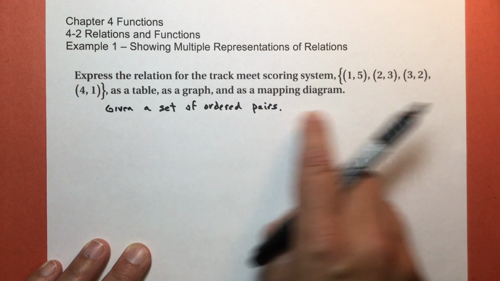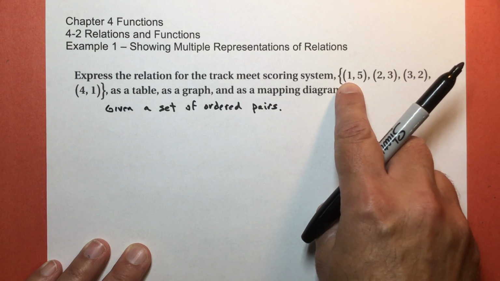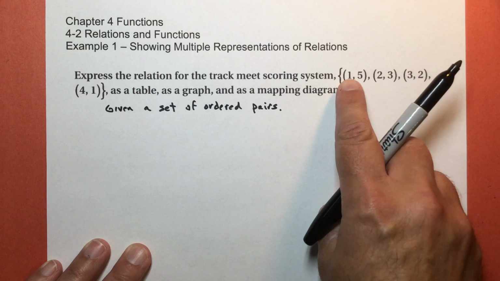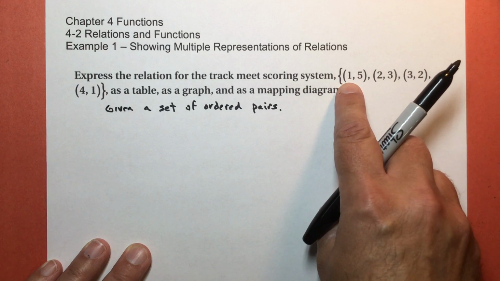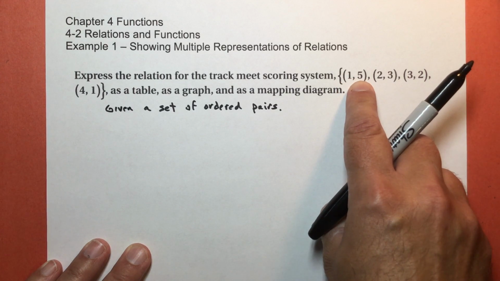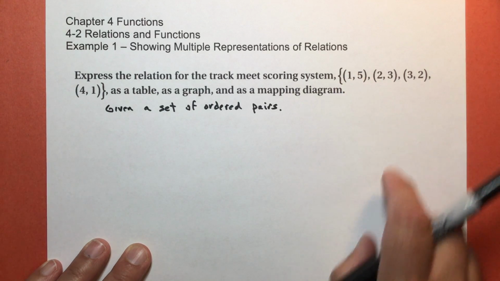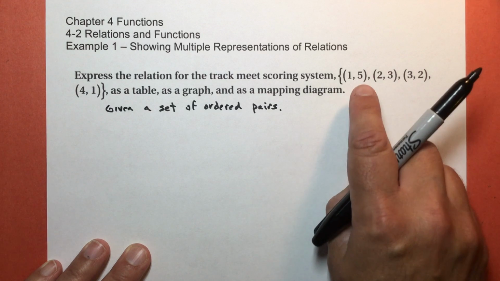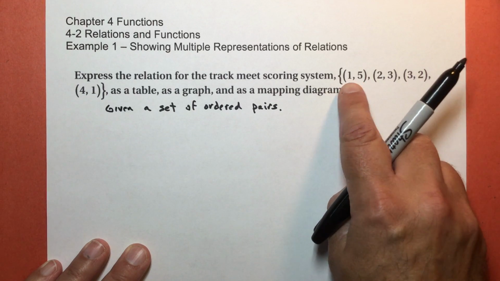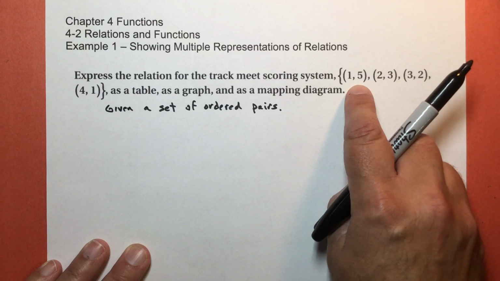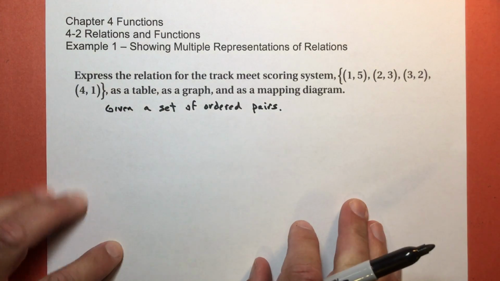When we say ordered, that means the first number has to come first, and then the second number comes second. If I switch them around, it's going to mean something totally different. So if I wrote 5-1 instead of 1-5, that would be something completely different. So I've got to be careful with that.